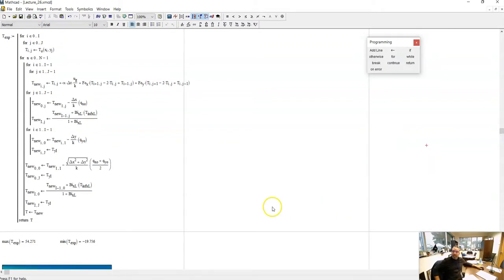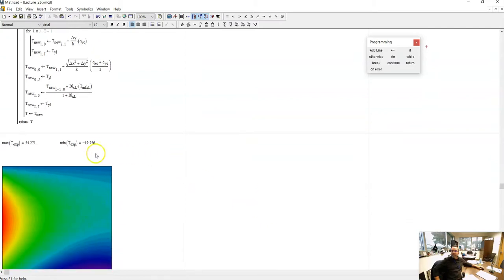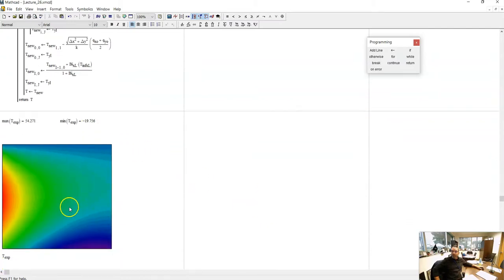That array has values under 0 degrees, and that's possible because we're cooling through the bottom. Everything starts at 0 degrees, but this is not being held at 0. The right-hand side wall is not held at 0 degrees. It's actually being convected at 0 degrees. But the bottom is being cooled at a constant rate of 100 watts per meter square, and therefore the temperature is being forced under 0 degrees.